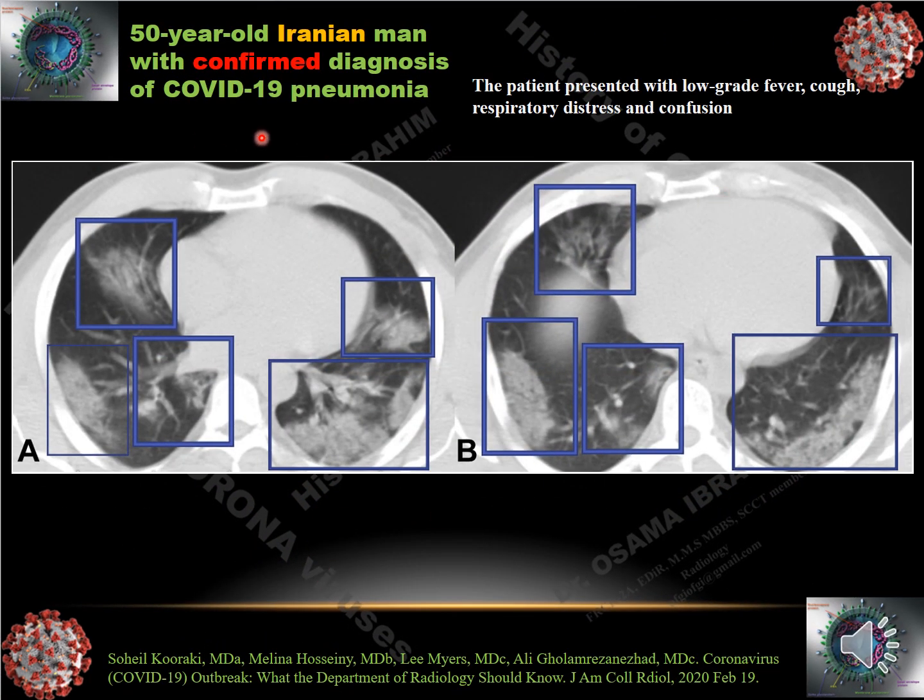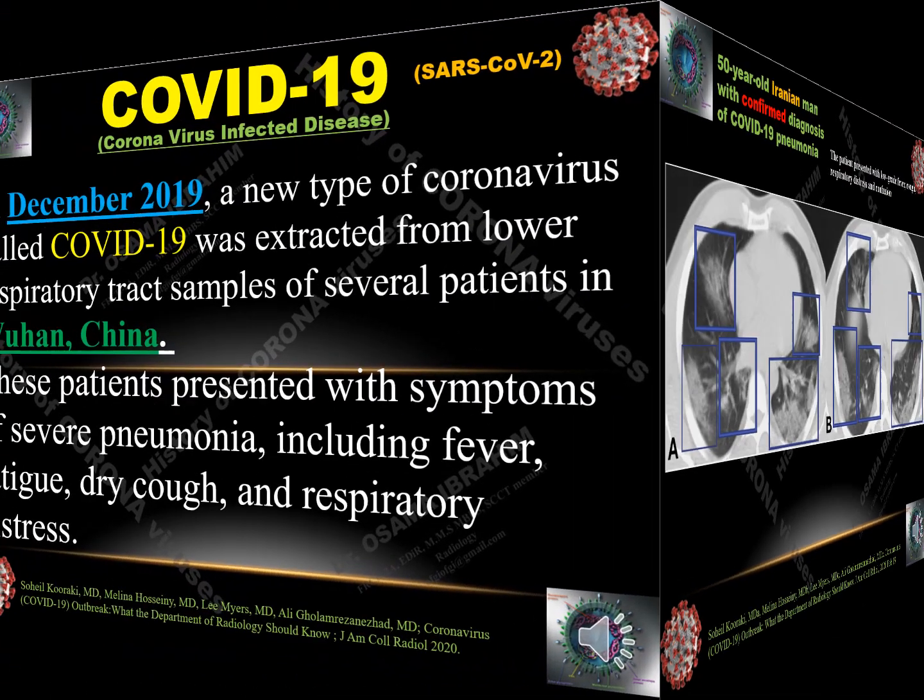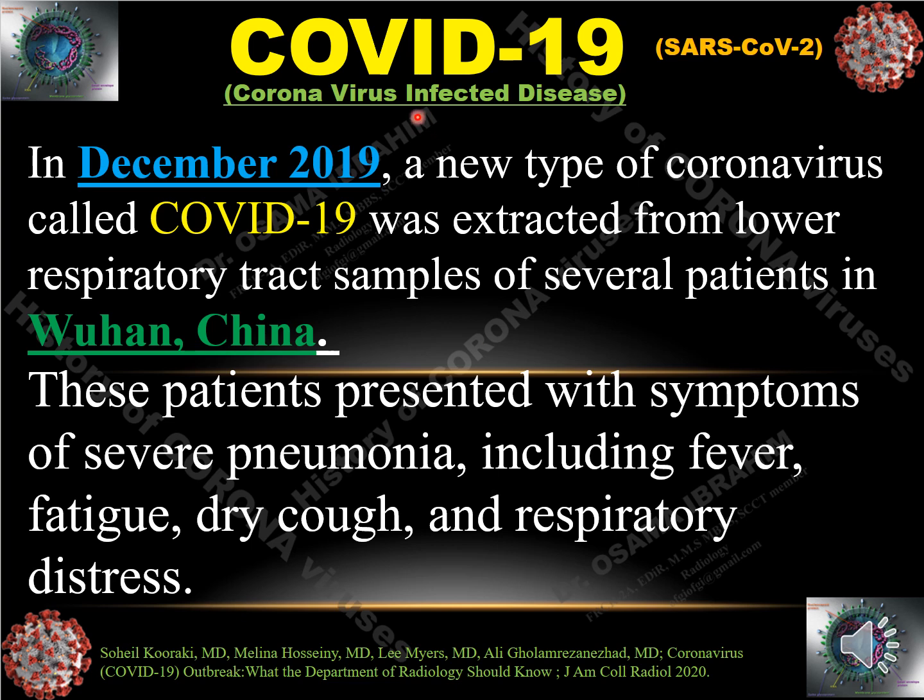Another patient with COVID-19, a 50-year-old with a confirmed diagnosis of COVID-19, shows multifocal areas of ground glass opacity in subpleural distribution and basal distribution. What is COVID-19? COVID-19 is a coronavirus infectious disease caused by SARS-CoV-2.